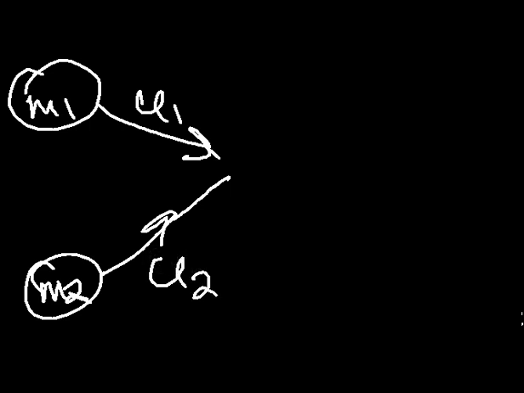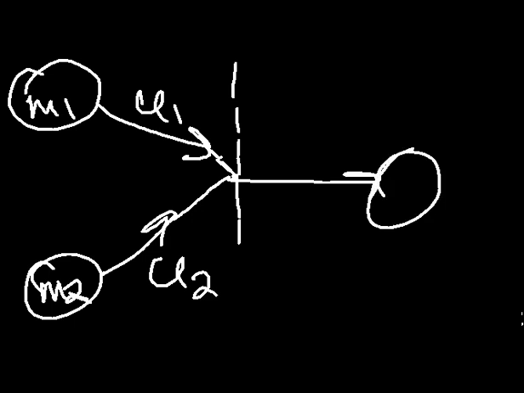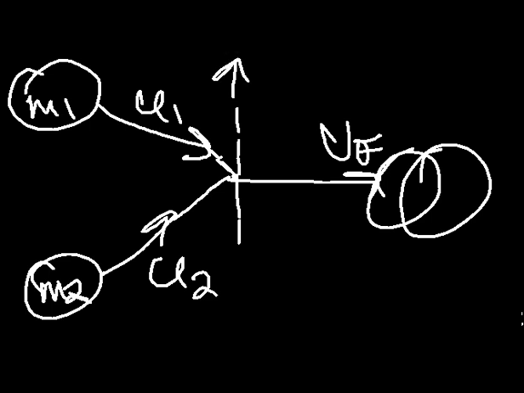Let's say they collide inelastically. Assuming that they are moving horizontally after they collide, they stick together with a final velocity given as vf. So in this case the principle remains the same.